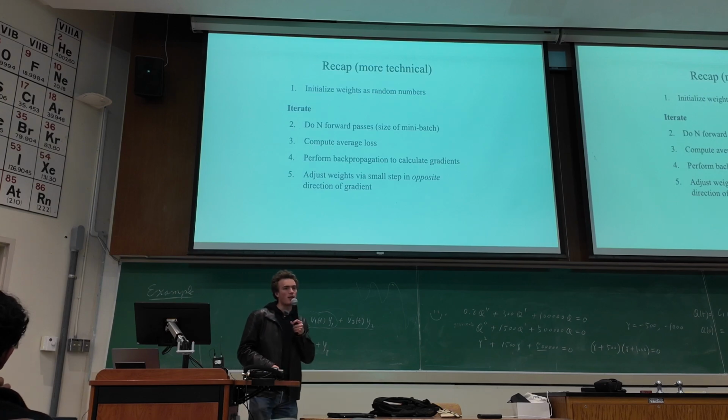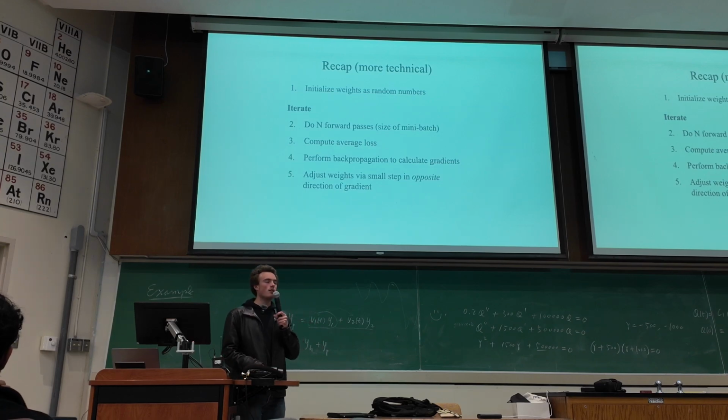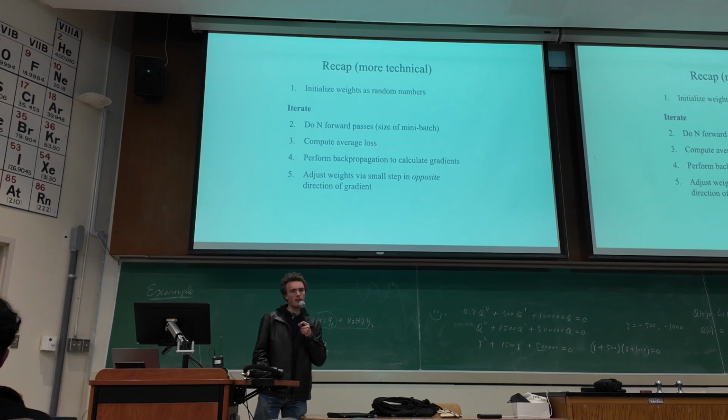So we're going to perform backpropagation, which all it really is, is calculating derivatives. And even with the nonlinear activation functions, where that derivative might be complicated, we still know what the derivative is.